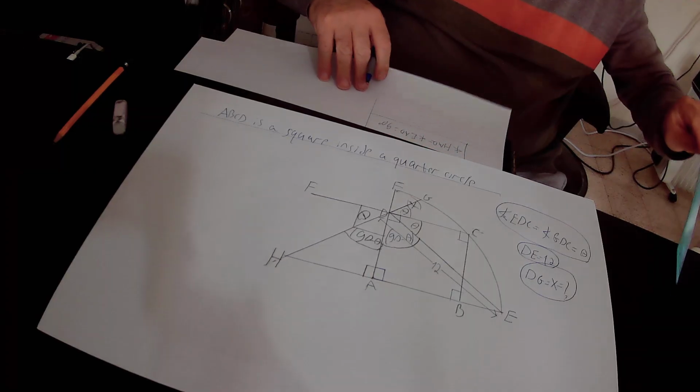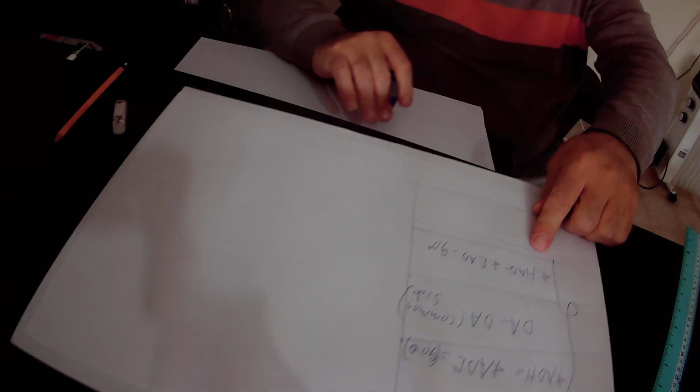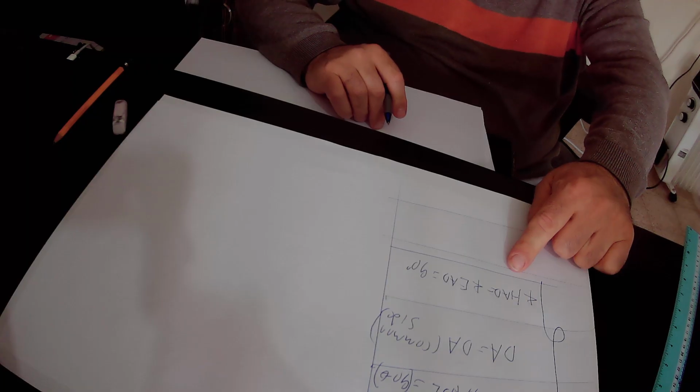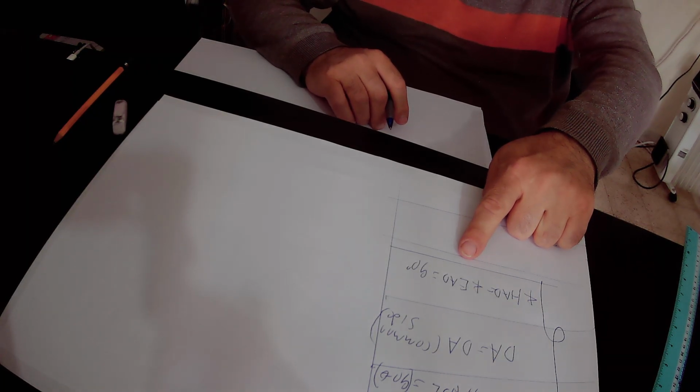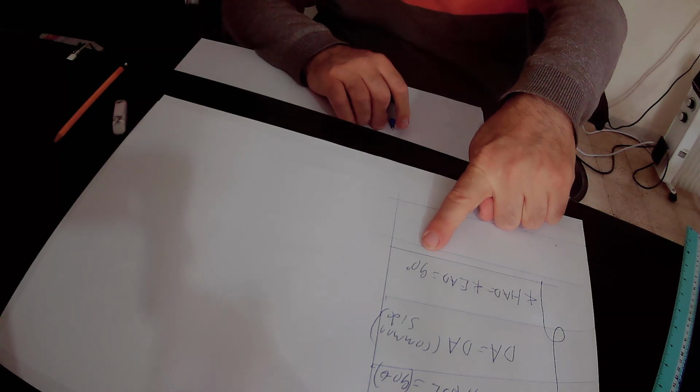I repeat again, angle HAD in the right triangle ADH equals angle EAD in the right triangle ADE. They are both equal to 90 degrees, therefore they are equal to each other.